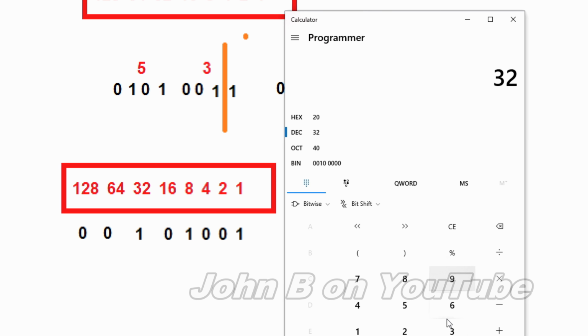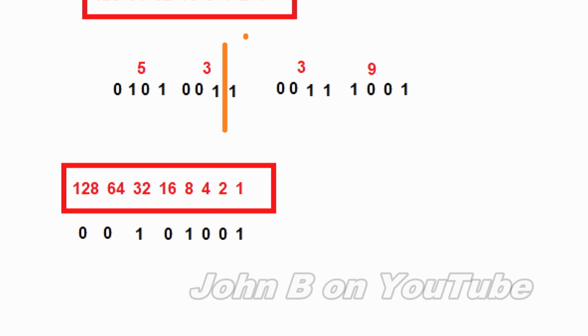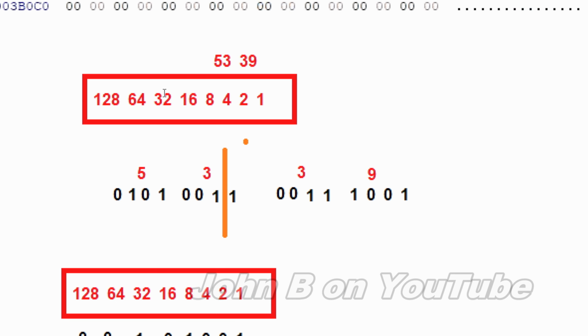So 32 plus 8, no 4s, no 2s, and a 1. So plus 1 equals 41. Right, hang on then. Let's put it here then. That's what it says. 41, and the maths doesn't lie. So our year equals 41.